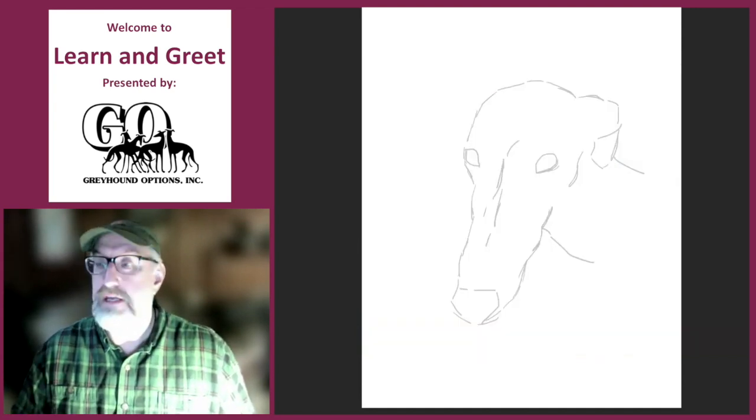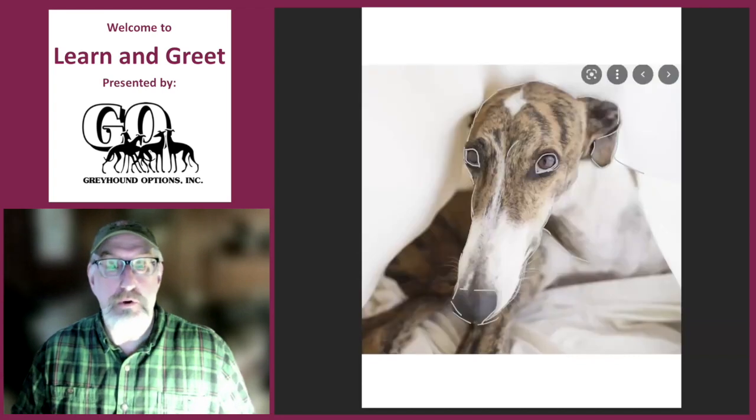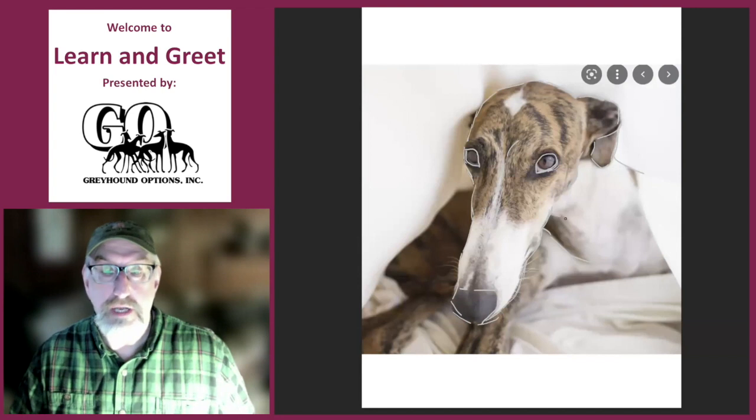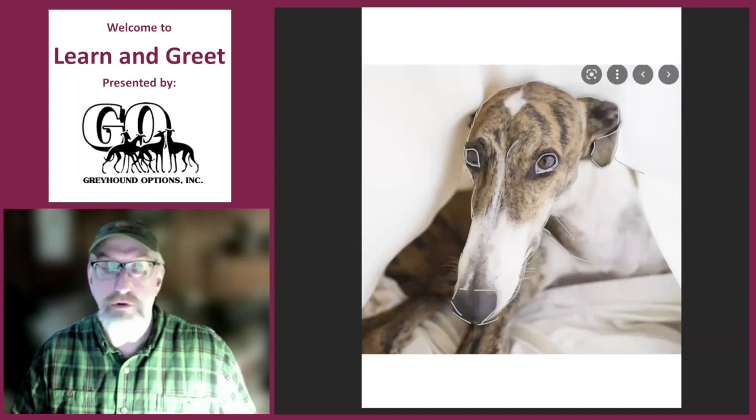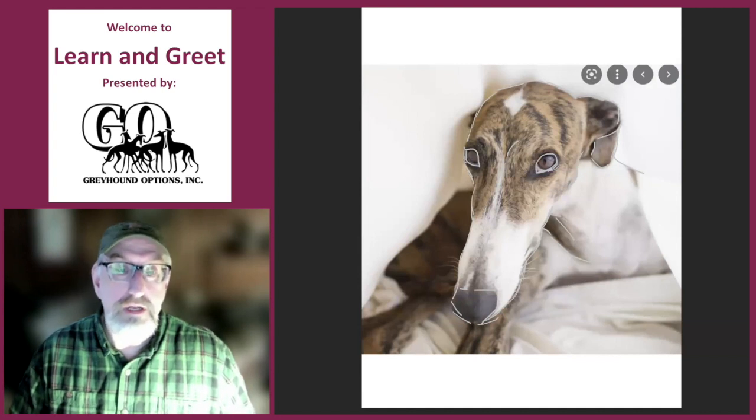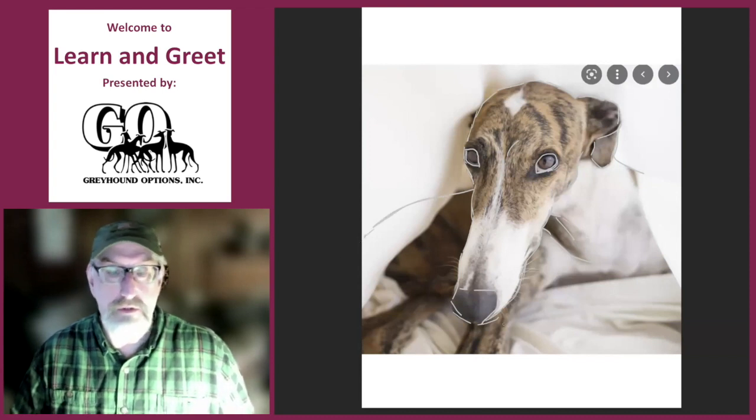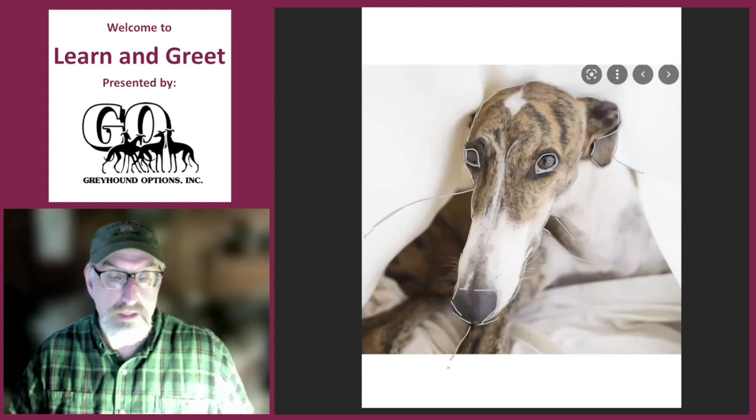All right, so that gives you an idea of getting the proportions and what I would start off with. You also see the neck is here, coming down. And of course, this greyhound is underneath a blanket. But then you can always add in your own parts of the animal. Here's his leg coming down.